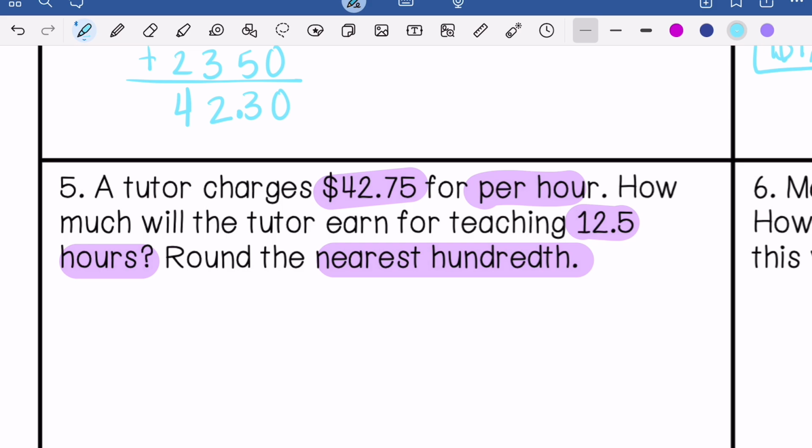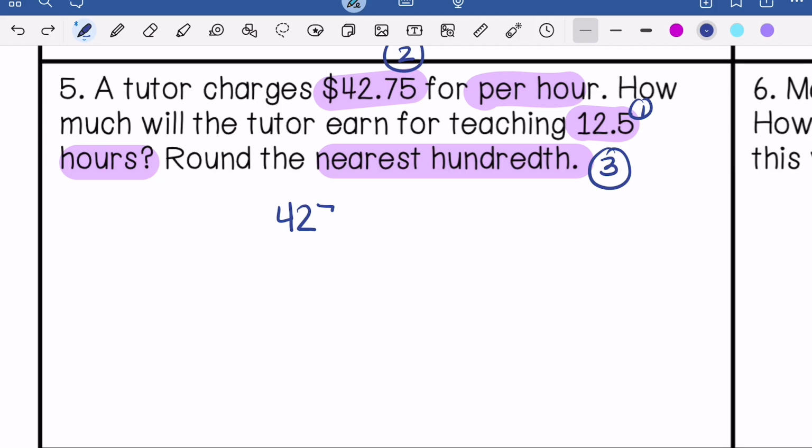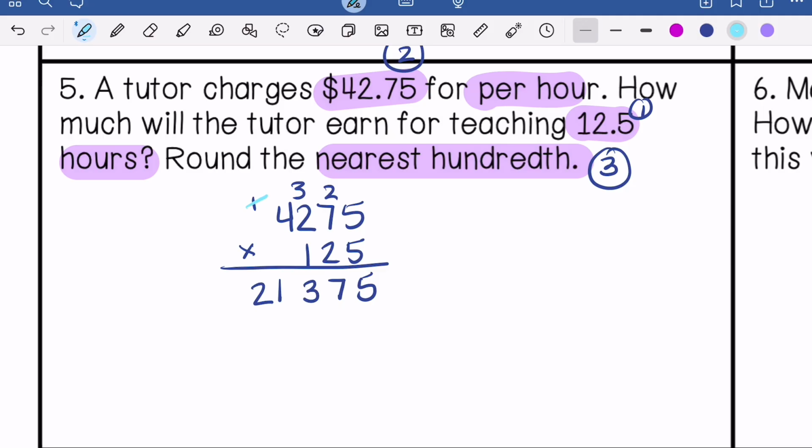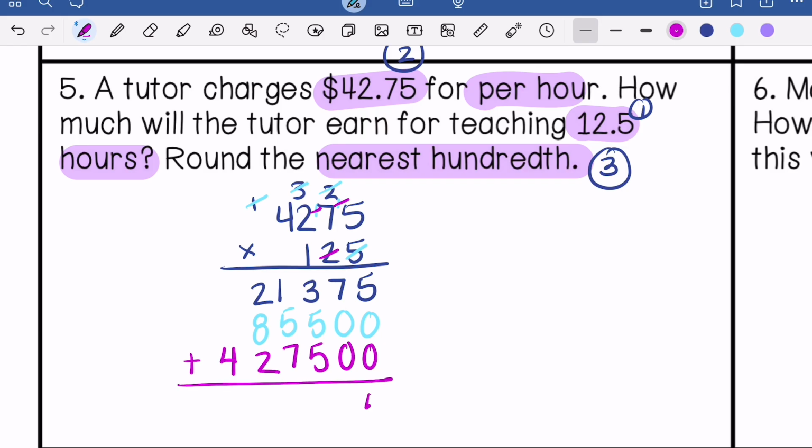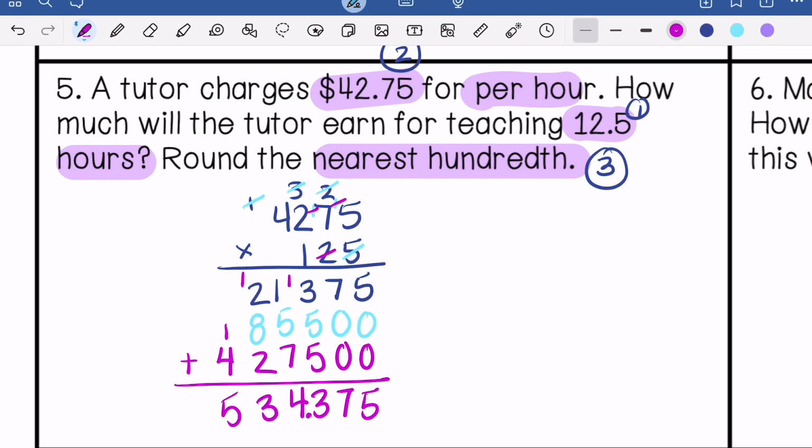Round to the nearest hundredth. 2 here, 1 here, 3 at the end. And I need to round, so this is $534.38.